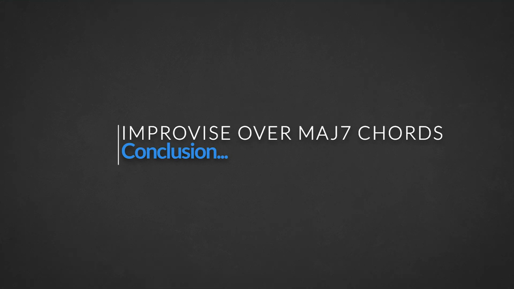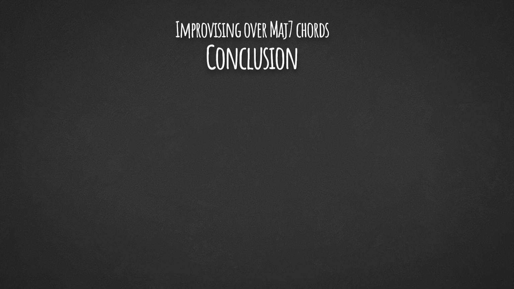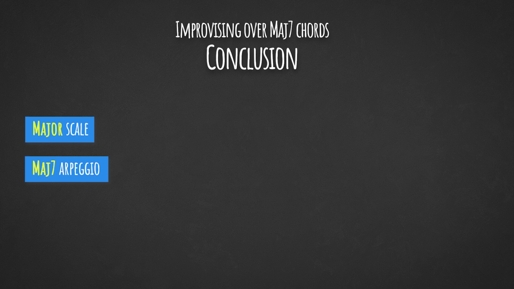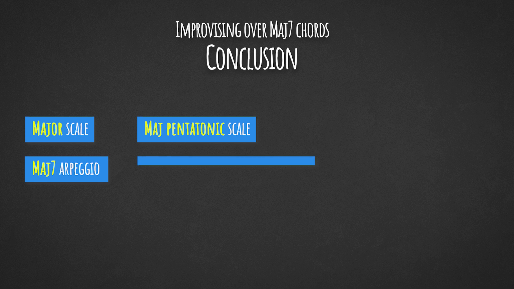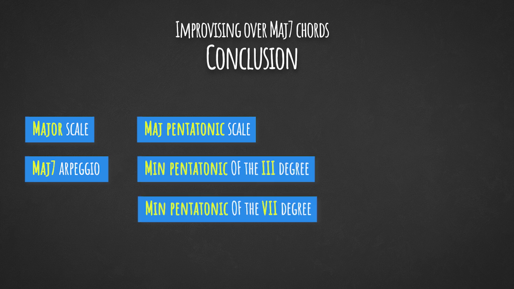Now, as you can see, there's always a choice. Well, with improvising over major 7 chords anyway. So we've seen that we can use a major scale and a major 7 arpeggio for a straightforward major 7 sound. By using pentatonic scales from other keys, we can color our improvisation in different ways.